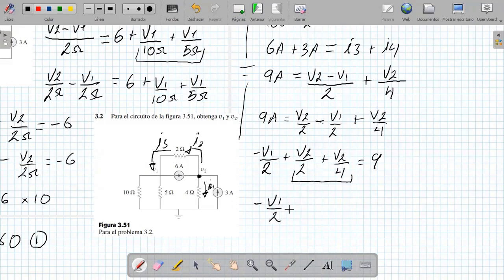I have minus V1 over 2 plus 3/4 of V2 equals 9.